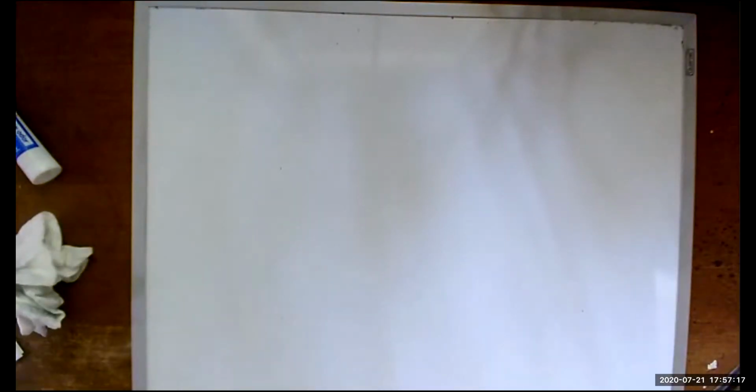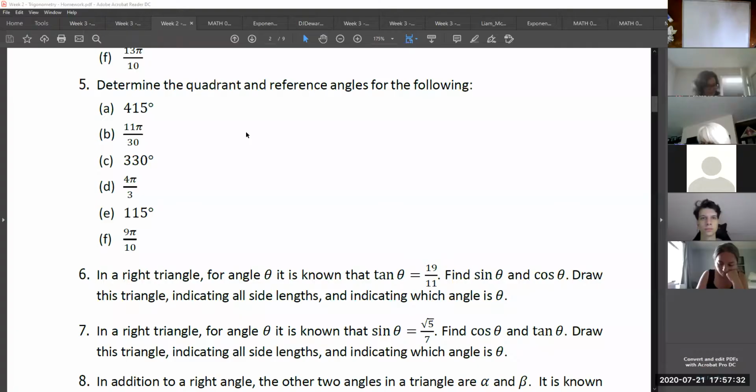Okay. Let's start by just refreshing ourselves on the trig homework. So we're going to start by looking at question number 5, which says determine the quadrant and the reference angle for the following.